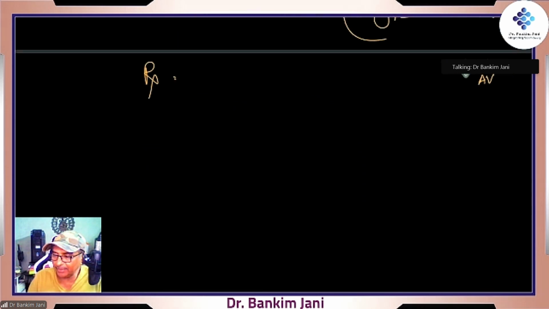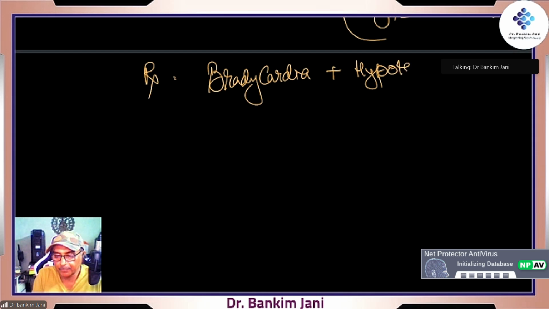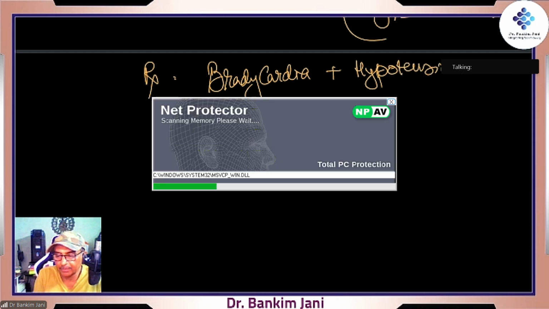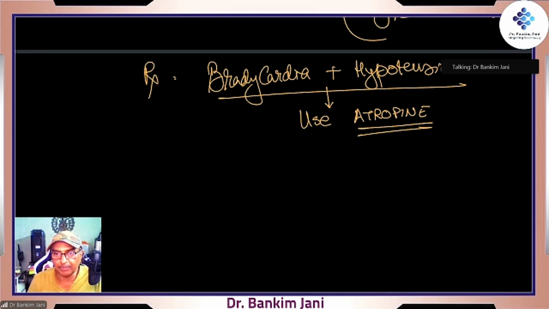So in the treatment part, if the patient is having bradycardia, his heart rate is slow, and you take the blood pressure, there is hypotension. In such cases, use atropine. You took this decision from the ECG. You took the blood pressure also.